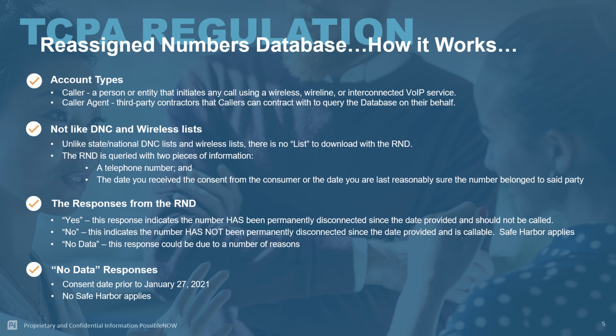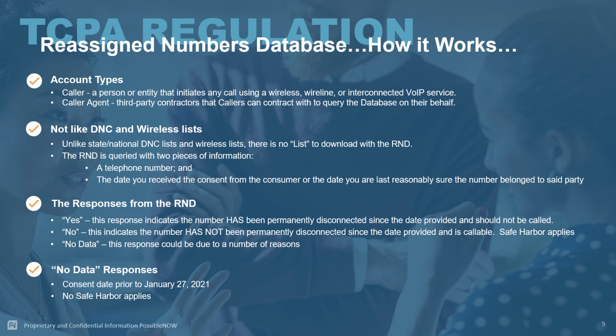So the R&D is not really like any DNC or wireless list that we're used to seeing. Unlike the national and state DNC lists and wireless lists that are out there, there is no list to download with the R&D. It's a database that's maintained that you're going to query with two different pieces of information: a telephone number and the date that you received the consent on that telephone number, or the date that you're last reasonably sure that number belonged to that person.